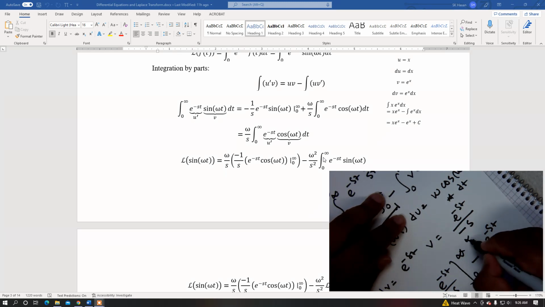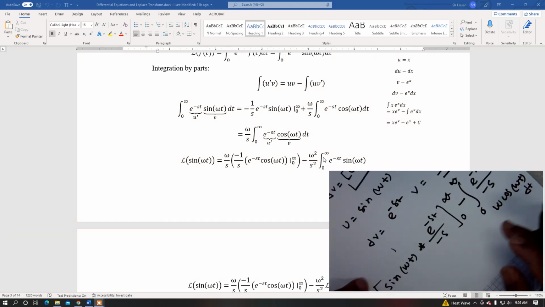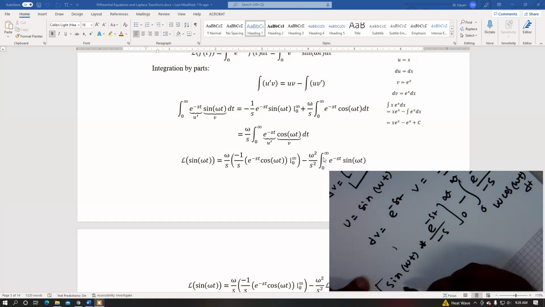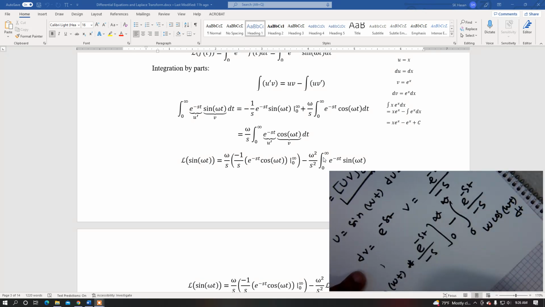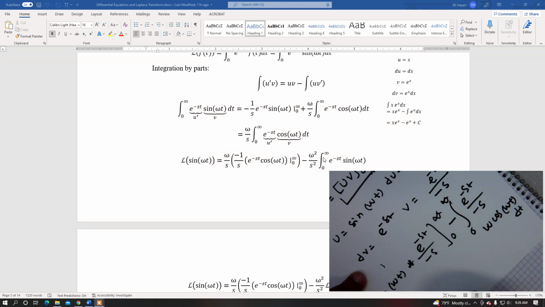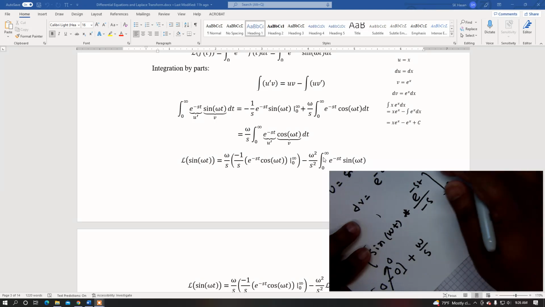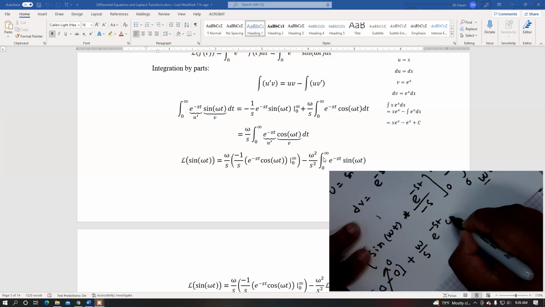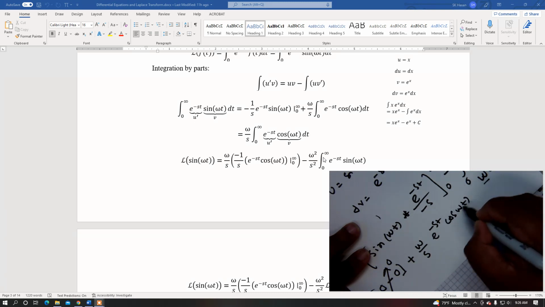Now look here, if we substitute infinity, e to the power minus infinity is 0, and sine 0 is 0, so this part is basically 0 minus 0. Then we get plus omega over s, the integral of e to the power minus st cos omega t dt.